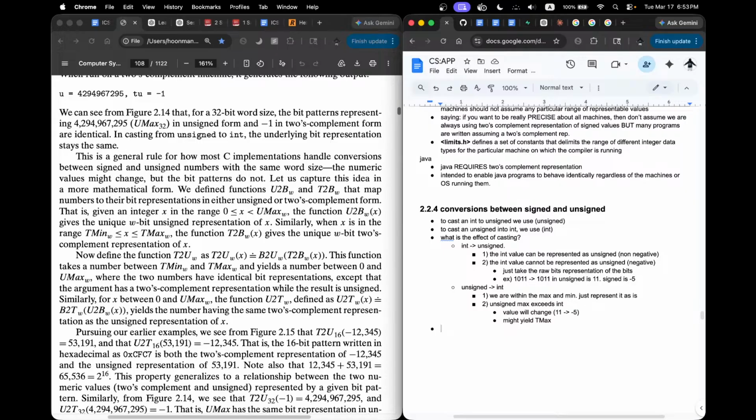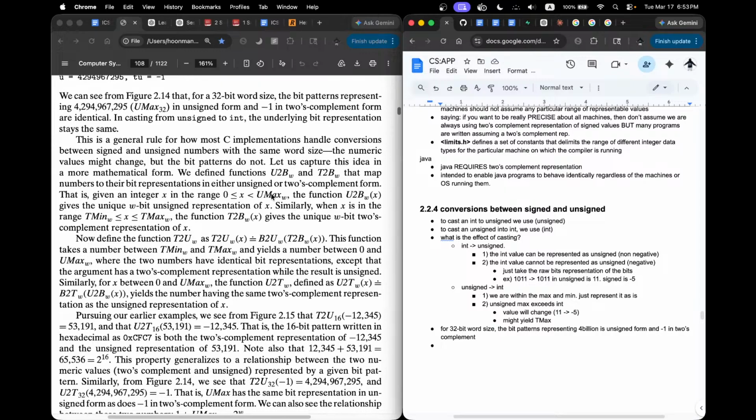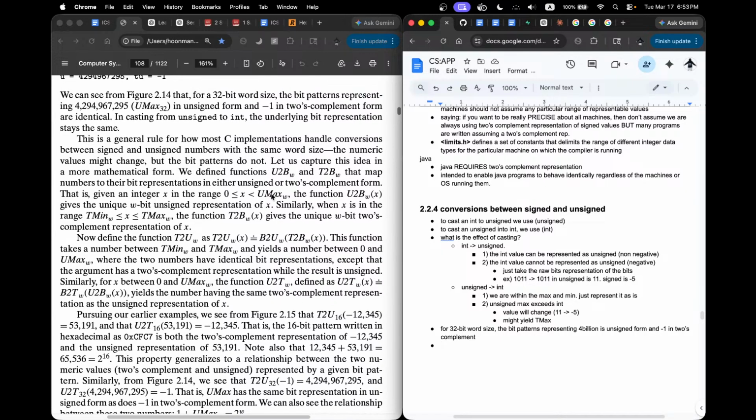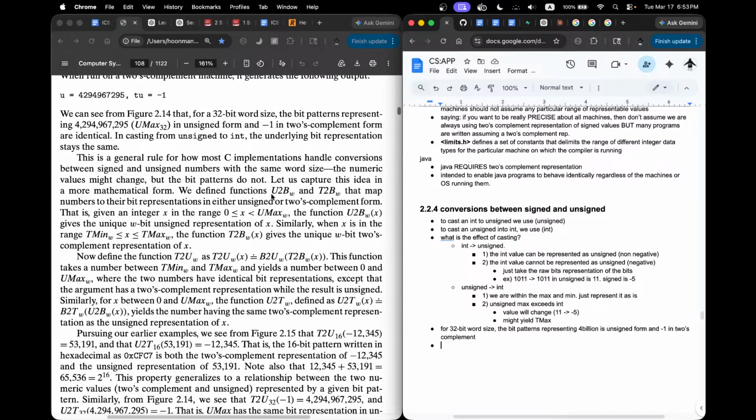For 32-bit word size, the bit patterns representing, oh my god, 4 billion in unsigned form and negative 1 in 2's complement. This is a general rule for how most C implementations handle conversions between signed and unsigned numbers with the same word size.